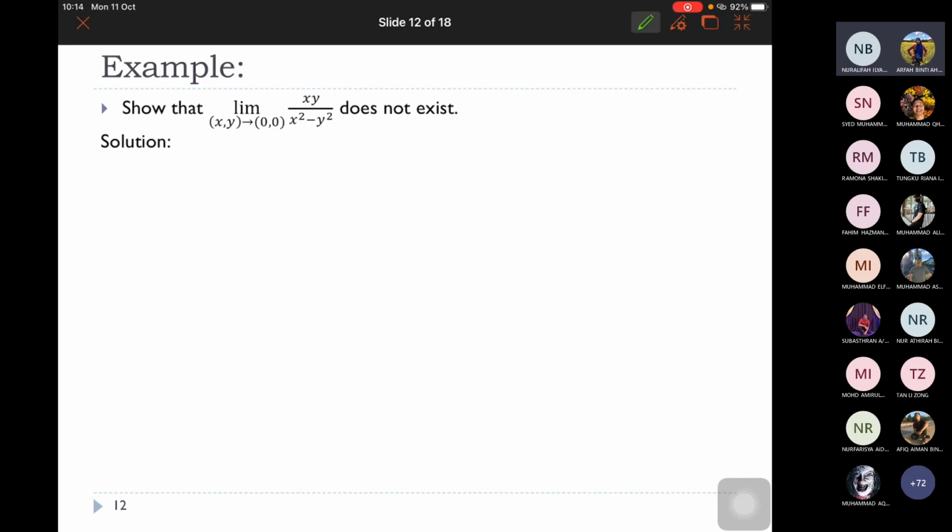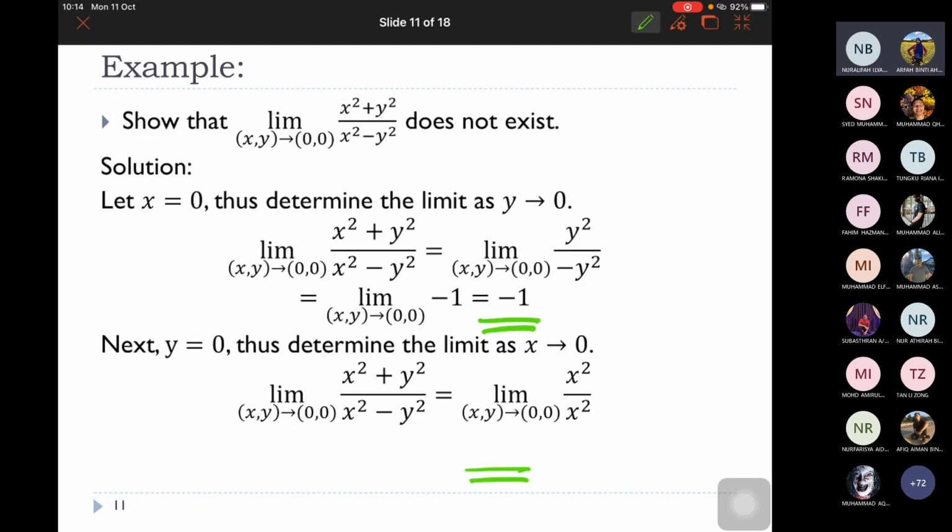Okay. So daripada sini, the limit does not exist, okay. The limit, okay, when y approaches 0. Kejap. Kucing saya ada problem.